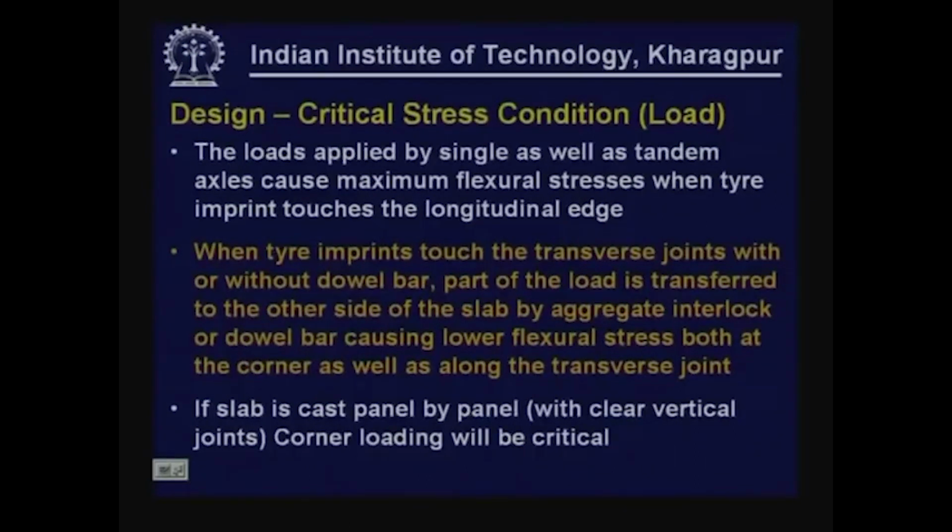We are trying to identify which is the critical region in the slab as far as the load placement is concerned. So, as we see here, if the loads are placed with tire imprints tangential to the longitudinal edge, that is considered to be critical. If you consider them tangential to the transverse edge, because of the continuity that we have across the other slab in terms of granular interlocking or in terms of dowel bar system if it is there, there is some amount of load that is transferred onto the next slab.